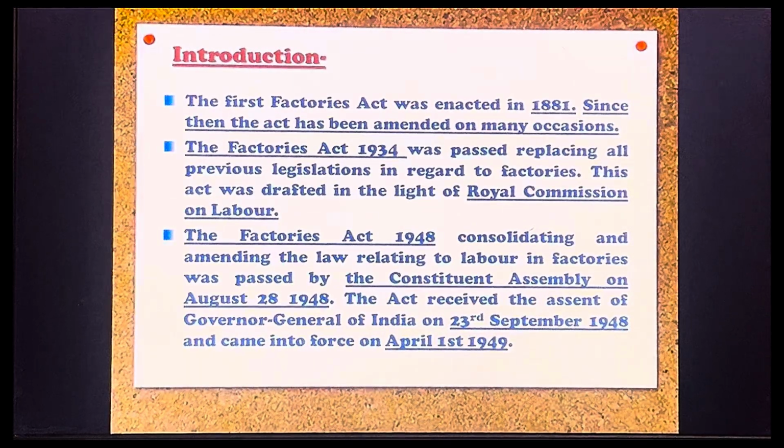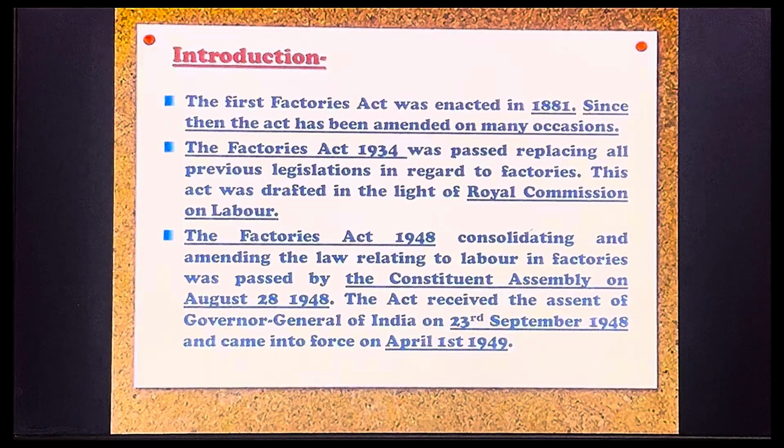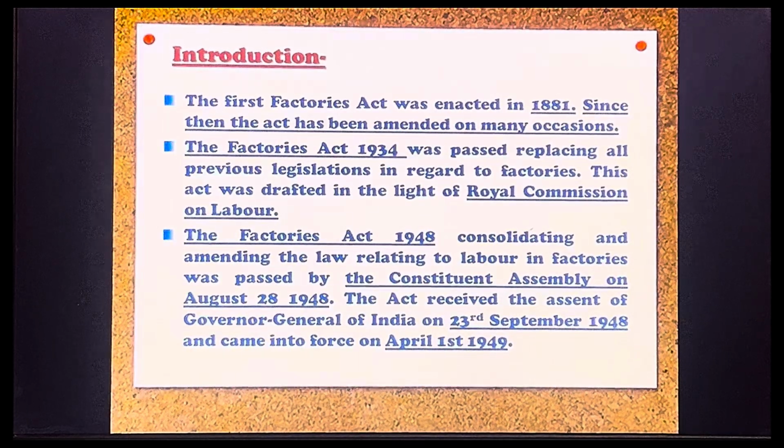After 1881, the Factories Act 1934 was passed, replacing all the previous legislation, and this act was drafted in the light of the Royal Commission on Labour. This act has also been suitably amended from time to time.